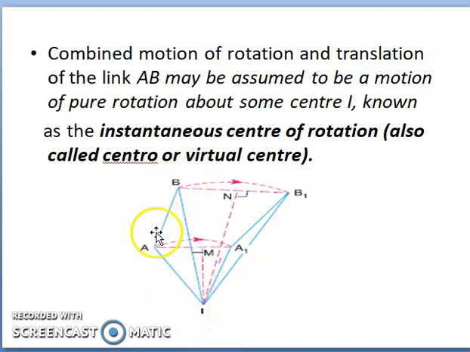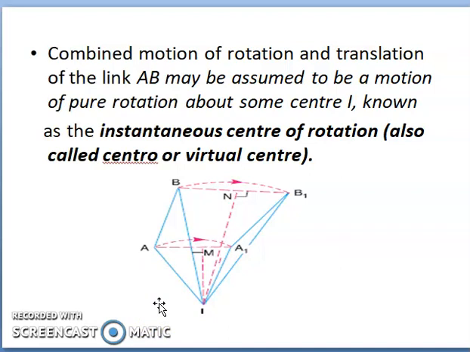When it is in the position A1, the center of rotation may be the position I. When it is in some middle position, the center of rotation need not be at the same I. It may be some other location, say I1.